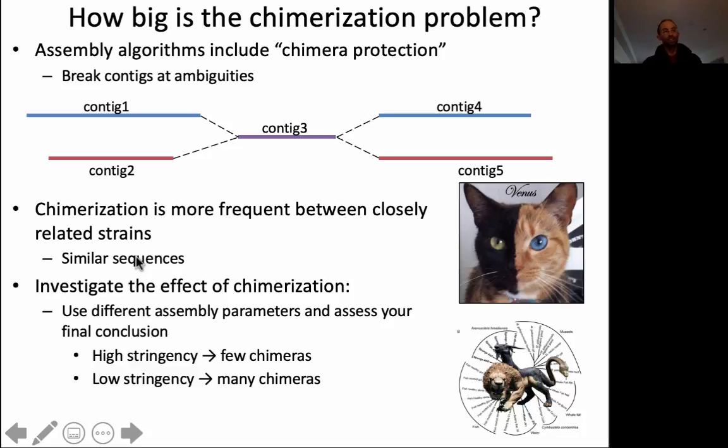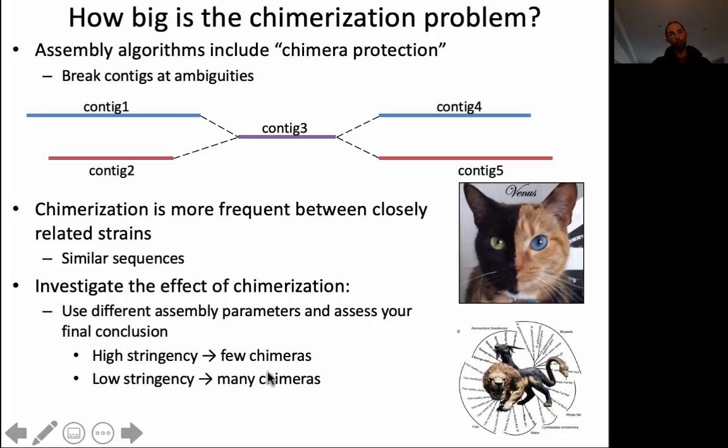You can also estimate the effect of chimerization on your biological result by using a bioinformatic approach where you use different stringencies of assembly. So you could use a high stringency of assembly where you expect very few chimeras to be created in the assembly. And you can use a lower stringency where you assemble more divergent sequences into a contig, and you will expect more chimeras to arise in that situation.